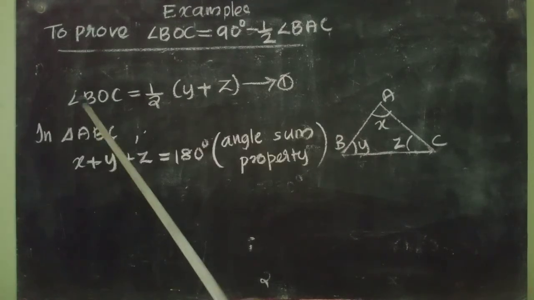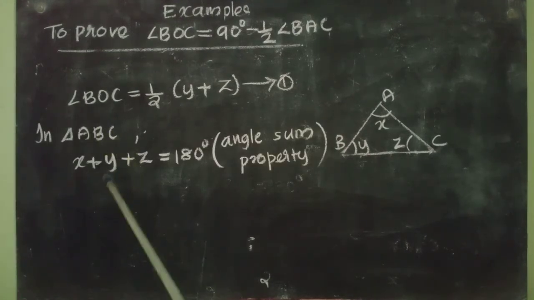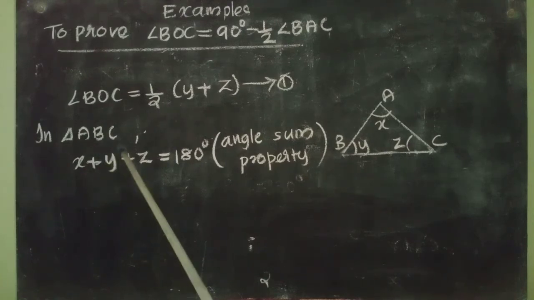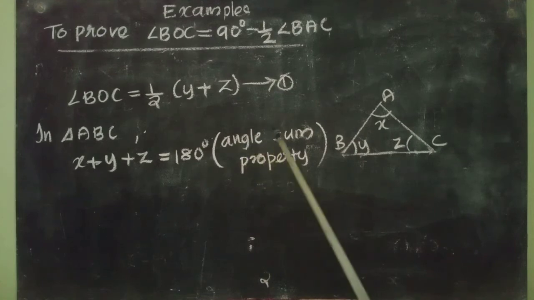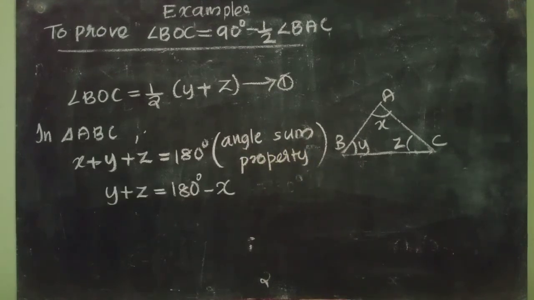So let us write in triangle ABC x plus y plus z equal to 180 degree, angle sum property. Let us take this x to right side. We get y plus z equal to 180 degree minus x. So we got a value for y plus z. It is 180 degree minus x.